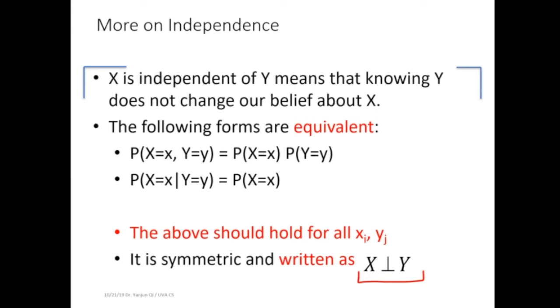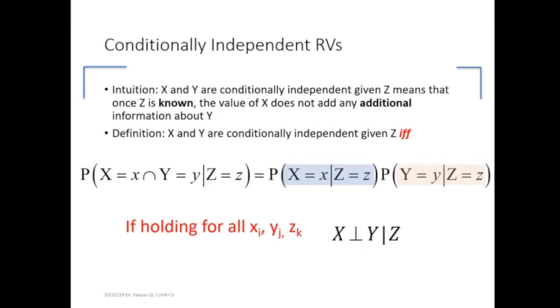This is also very important. Whenever you see this formulation, it means that for all the possible xi and yj, this condition holds. For all the possible values, this function holds.